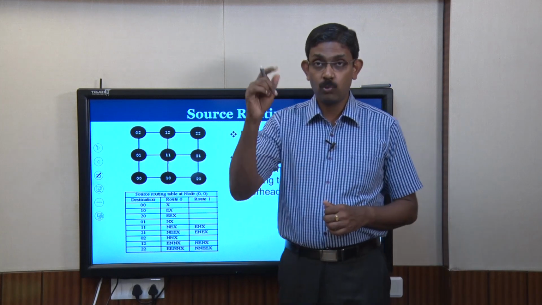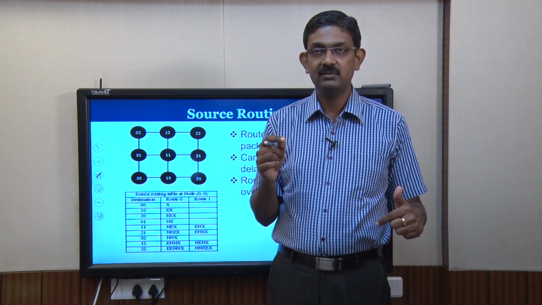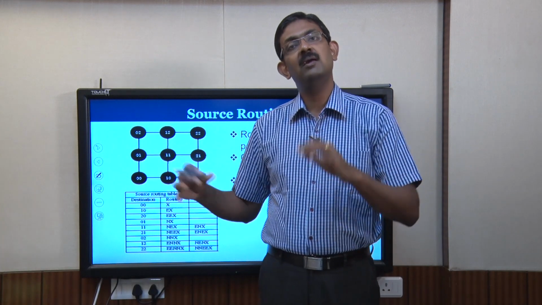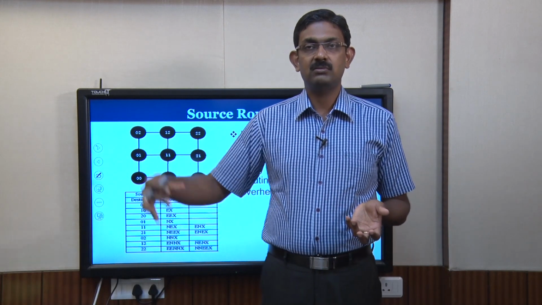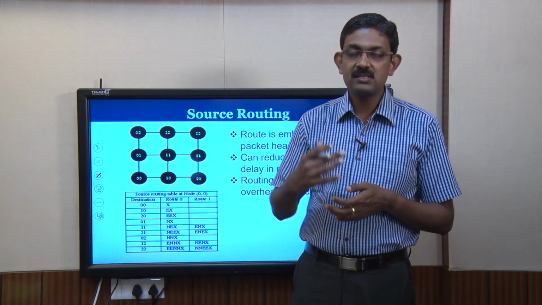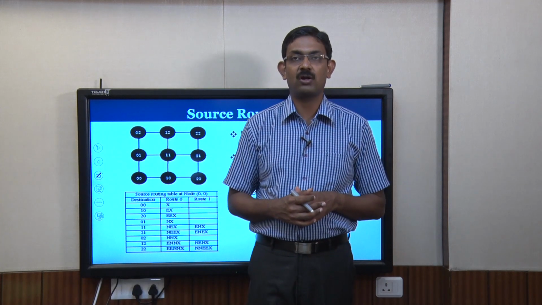The route to reach Y from A may be one, and the route to reach Y from B may be different, so the table is going to be totally different. This table overhead is one problem associated with source routing.